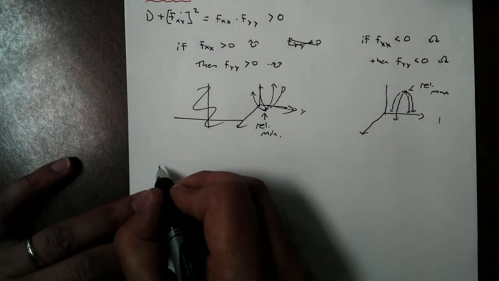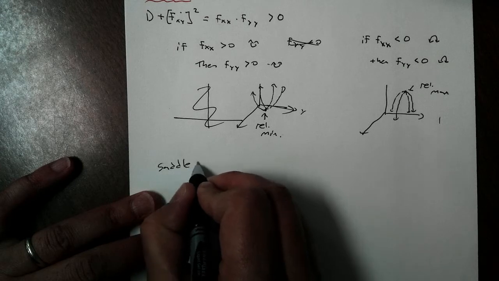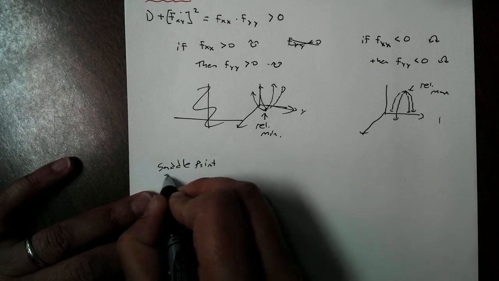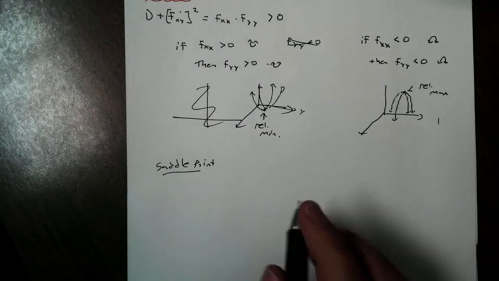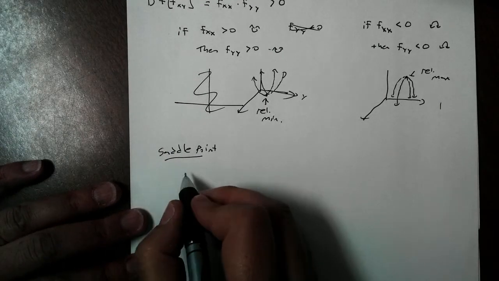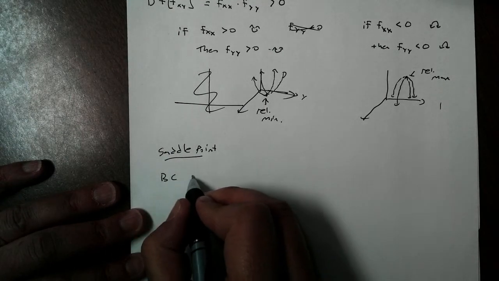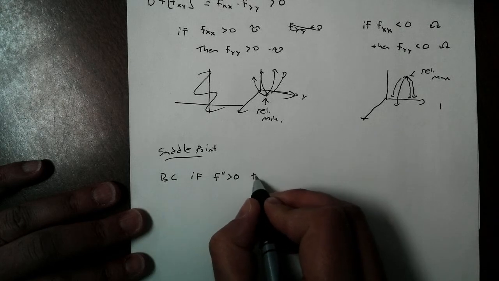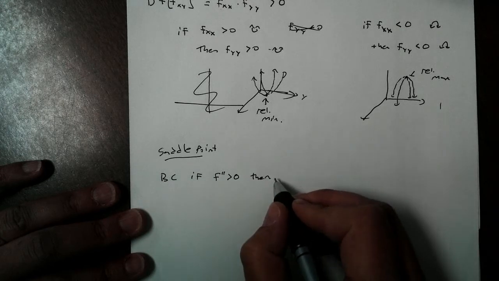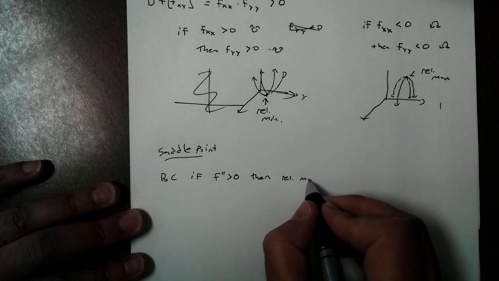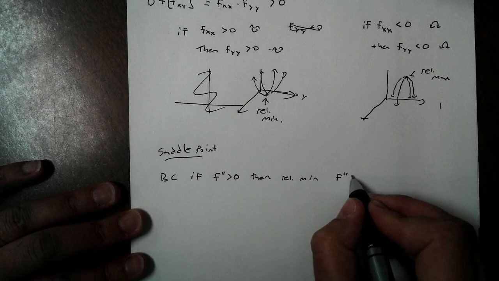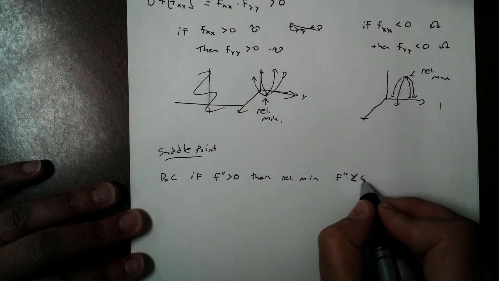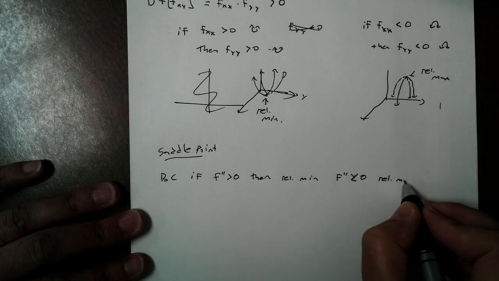What about the saddle point? Well, from BC calculus, we learned if the second derivative is positive, then we have a relative minimum. If the second derivative is less than 0, we have a relative maximum.